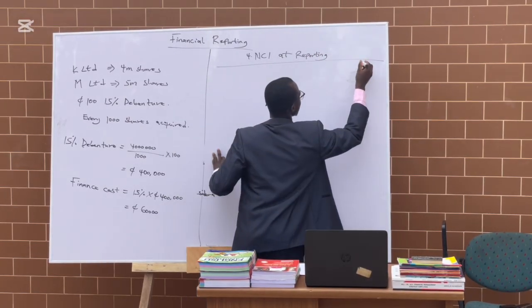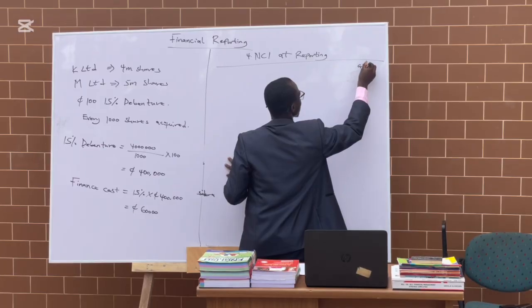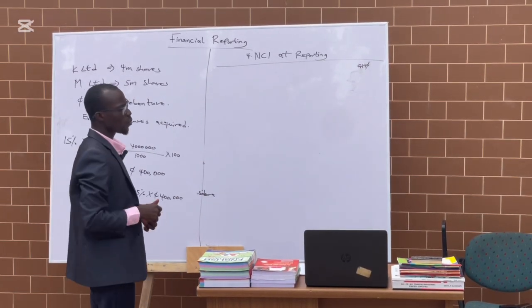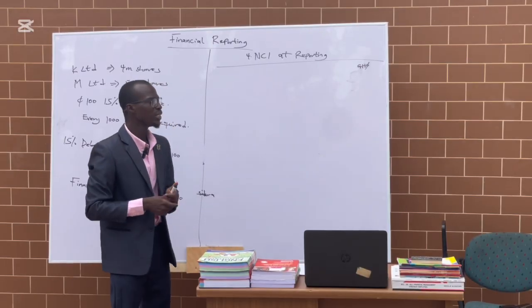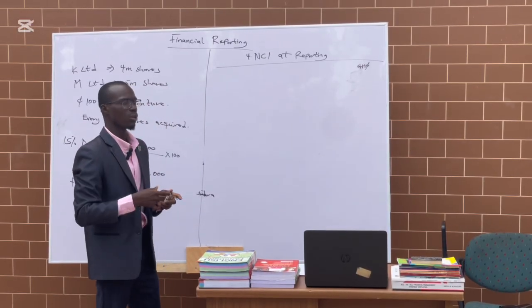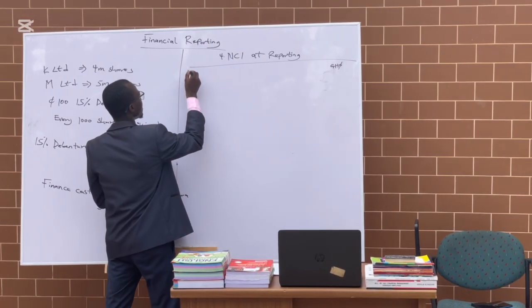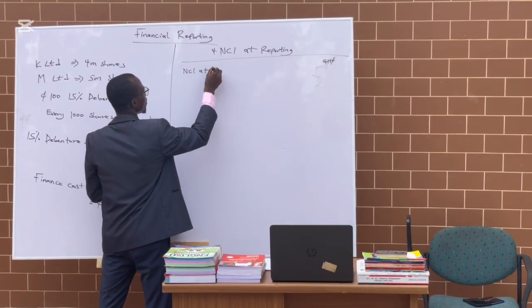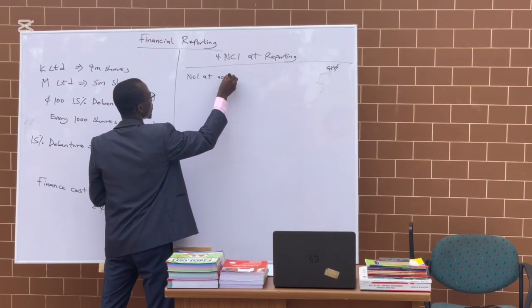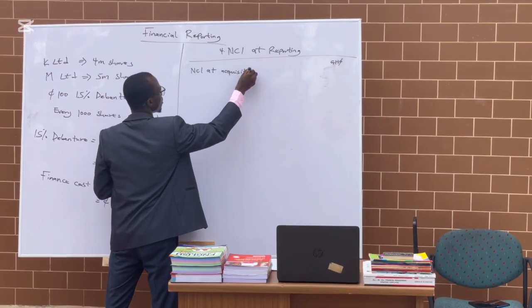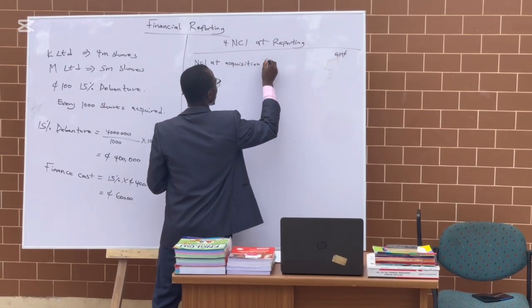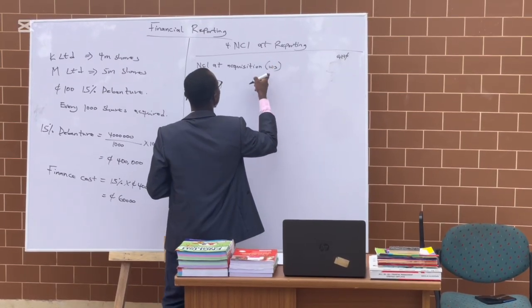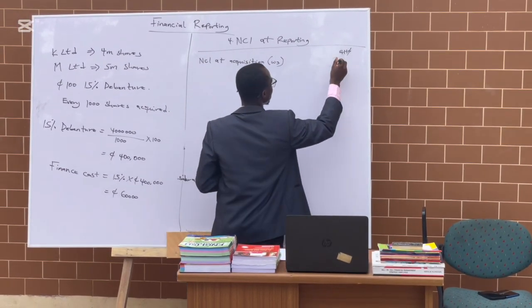So now what we need to bring up is our NCI at acquisition. And this one will come from when we were doing our workings 3, the goodwill aspect; the NCI at acquisition will bring the same figure here.